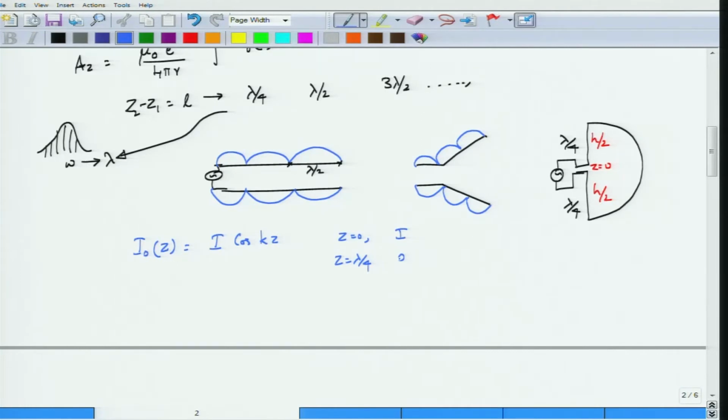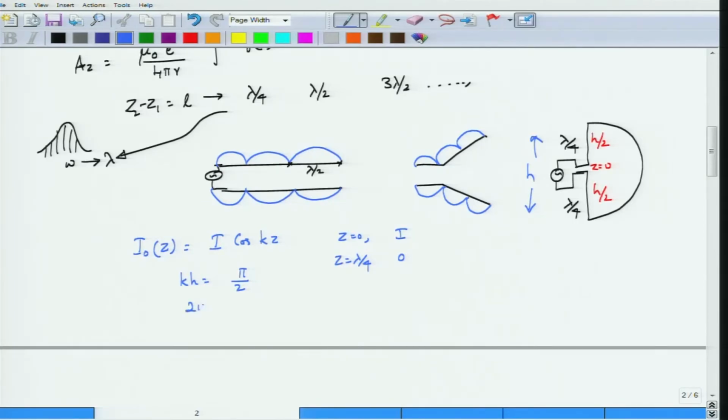In order to ensure that, if you consider the total length as h, because there was h by 2 and h by 2, then k into h must be an integral multiple. When does the cos function go to 0? It goes to 0 at m pi by 2. For m equal to 1, the fundamental, you are looking at pi by 2; cos of pi by 2 is 0.